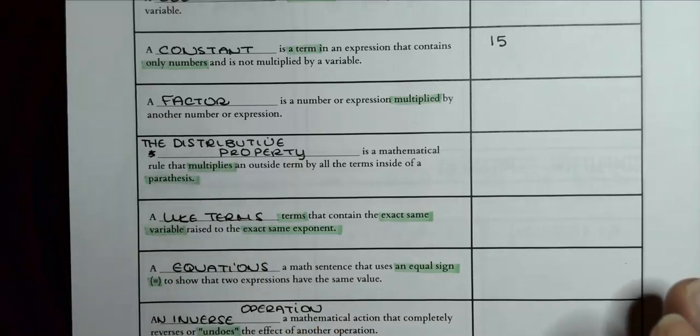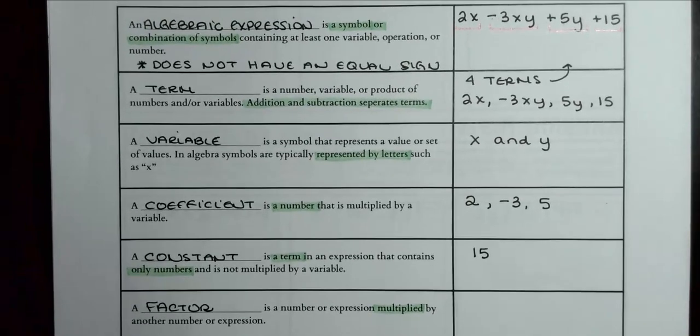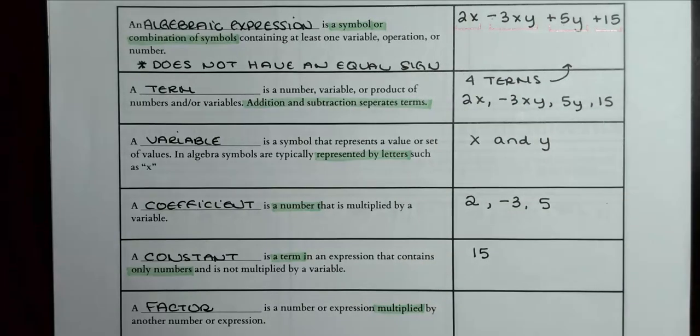So if we go back to our original expression, we can see that if a number and a letter are next to each other, that implies multiplication. So I'm going to start with the 2x. 2 and x are factors of each other because 2 is being multiplied by x.